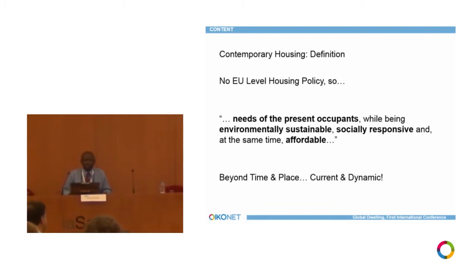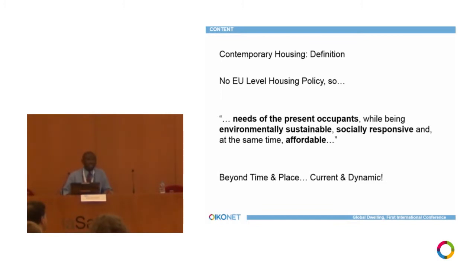But as a result of the previously shown literature review, we came up with this definition of contemporary housing, which basically means a satisfaction of the needs of the present occupants, while being environmentally sustainable. It should be socially responsive, and at the same time, it should be affordable.